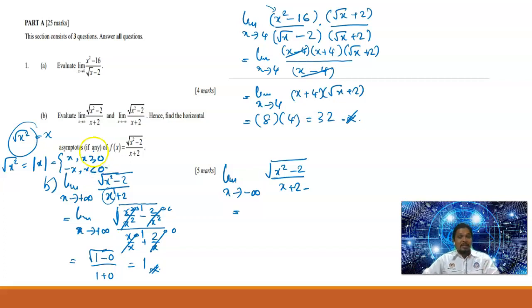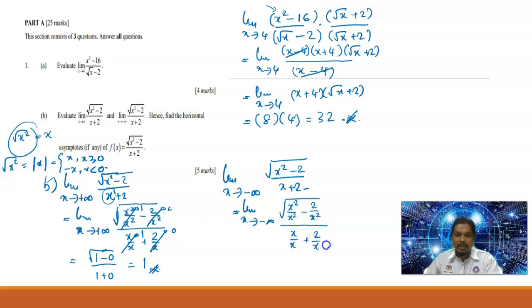Okay, so now for this case, the limit as x approaches negative infinity of the square root of x squared divided by x squared, minus 2 divided by x squared, divided by x over x plus 2 over x.